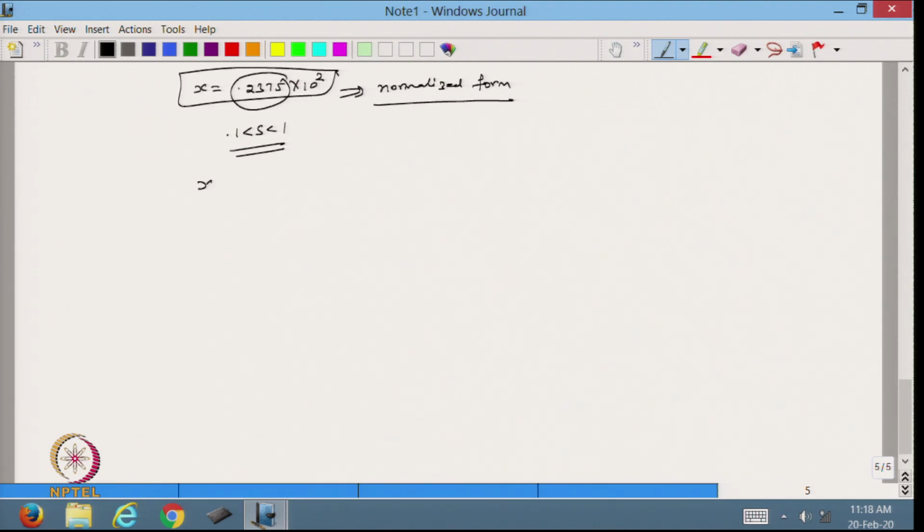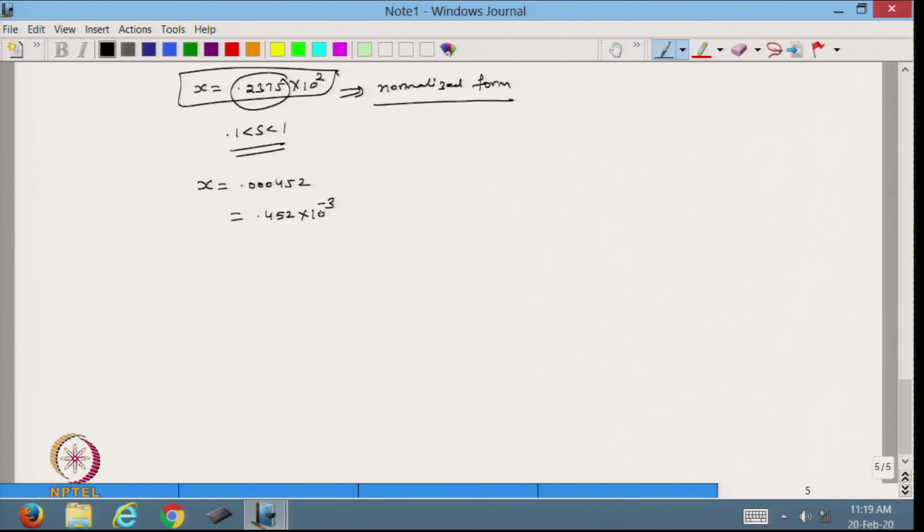Maybe I take another value of x, suppose I have a number 0.00452. This is the real number or a floating point number. I can write this number in the form of, so there are 3 zeros, which are unnecessary. So, I can write this number as 0.452 into 10 raised to power minus 3, because I have moved the dot 3 places to the right hand side.